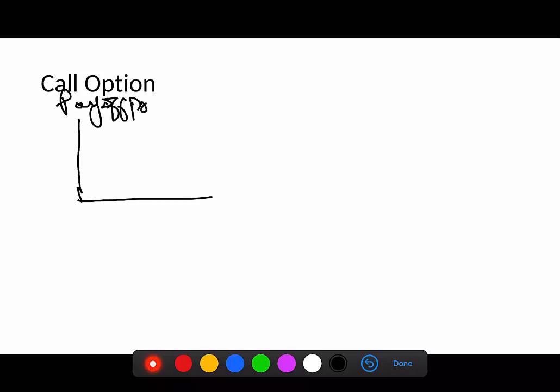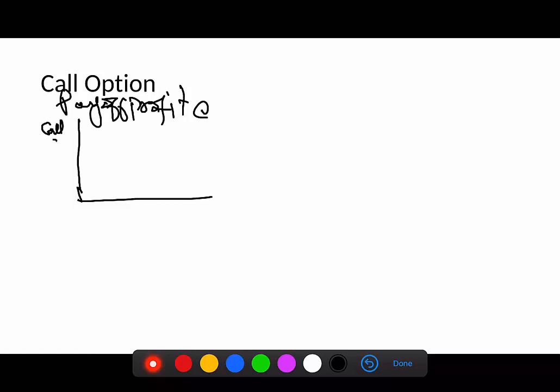This is the payoff profile which I'm going to make. So this is the payoff profile of the call option buyer, who will be going long with pound. So it's the call option buyer payoff profile.